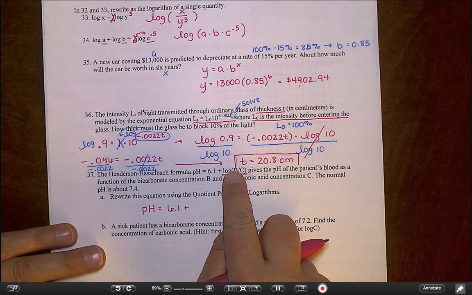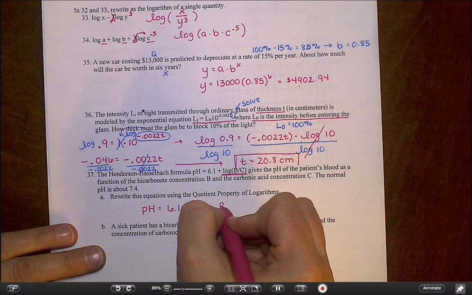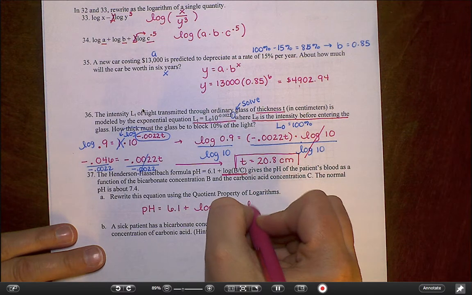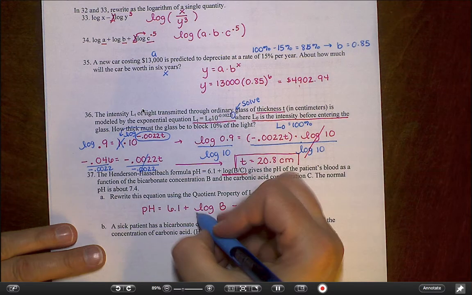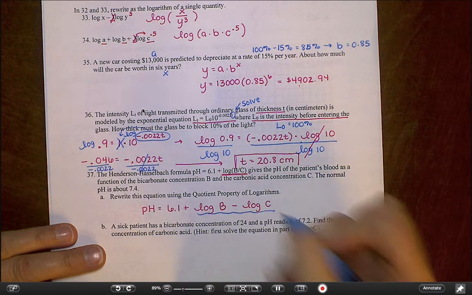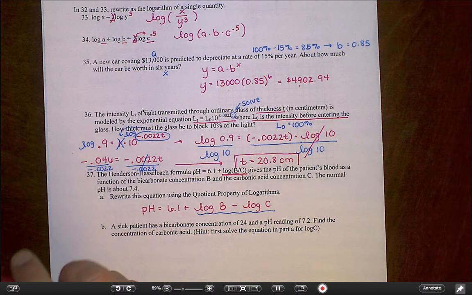If it's a division here, this would become log B minus log C. This part right here is what it was really asking you for, to take that thing and separate it with logs.